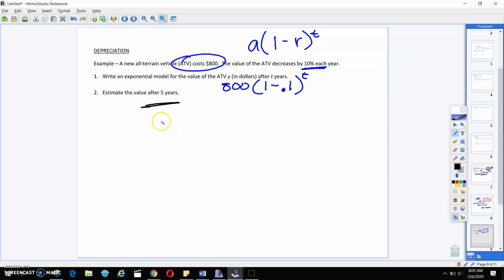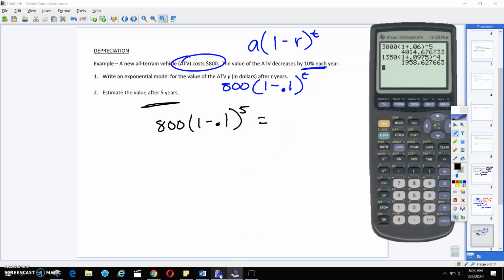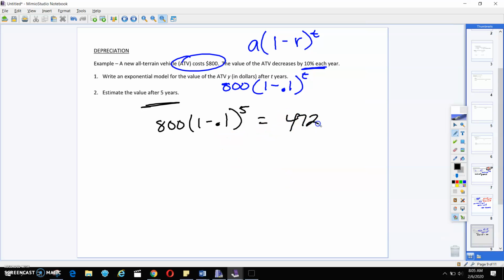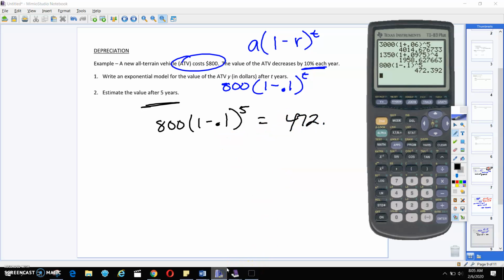So we're going to plug 5 into our equation. When I do that, I'm going to get 800 times 1 minus 0.1, raised to the 5th power. I got 472.39.